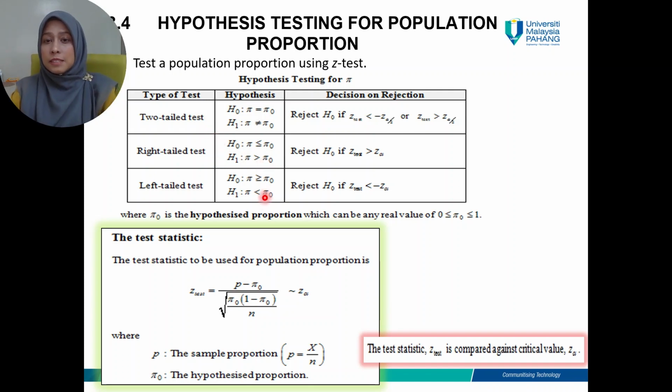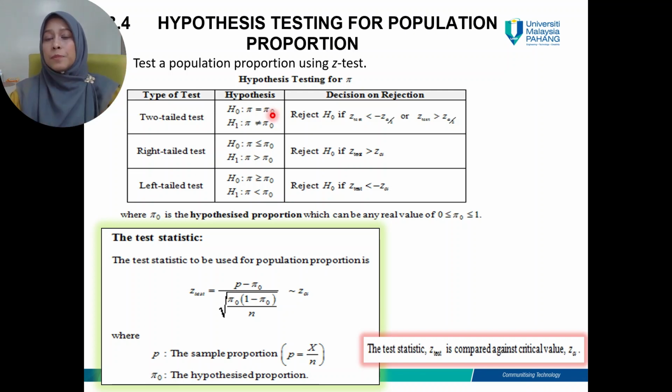The test statistic formula for this hypothesis testing is the z-test given by this formula: sample proportion minus the hypothesized proportion, divided by this. For hypothesis testing for population proportion, pi naught here is the hypothesized proportion.